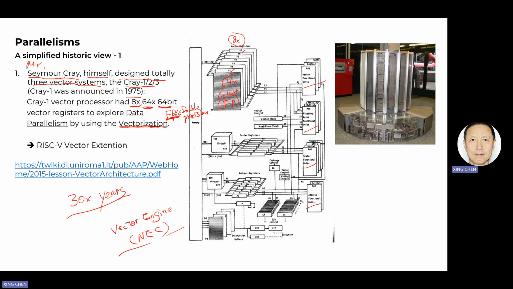And then there is a new trend: RISC-V have reinvented this vector extension for their RISC-V CPU. So right now, there are vendors that have already built the vector extension for RISC-V CPUs.